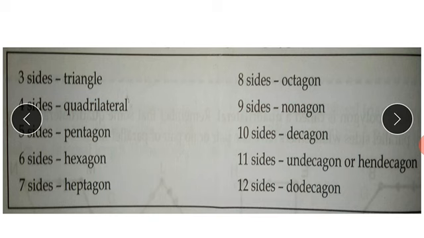So 3 sides is a triangle, 4 sides quadrilateral, 5 sides pentagon, 6 sides hexagon, 7 heptagon, 8 octagon, 9 nonagon, 10 decagon, 11 undecagon or hendecagon, and 12 is dodecagon.